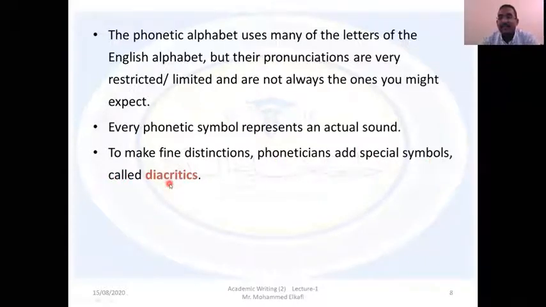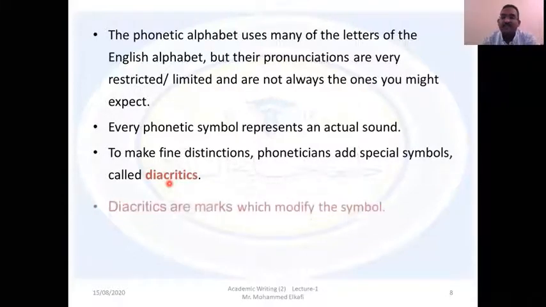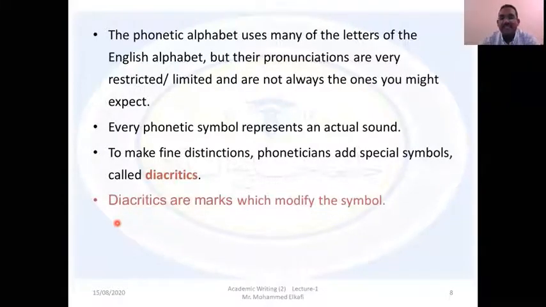They are like points or even marks that are added to modify the sound. So diacritics are marks which modify the symbols. Sometimes you find them above some sound.